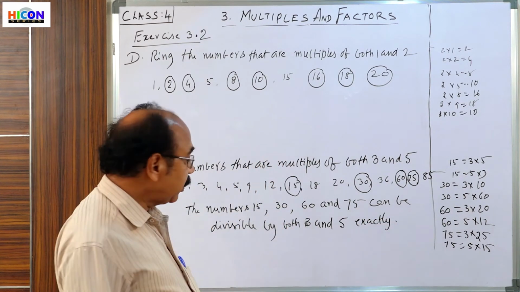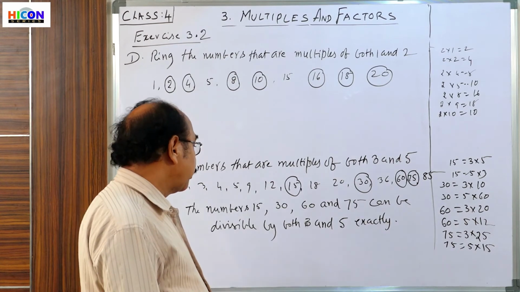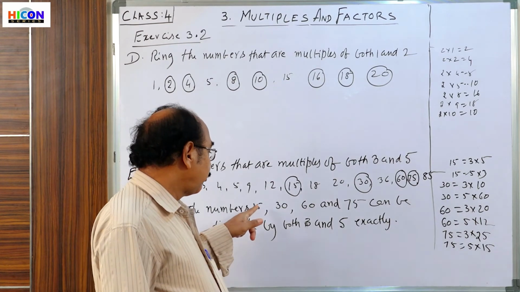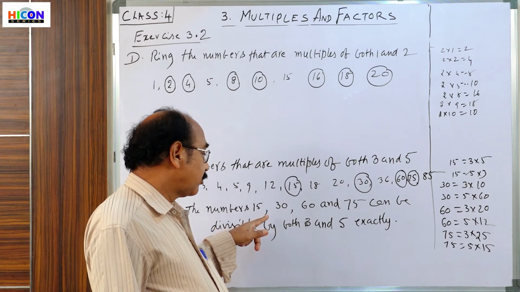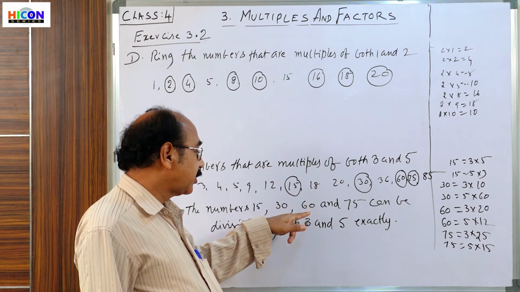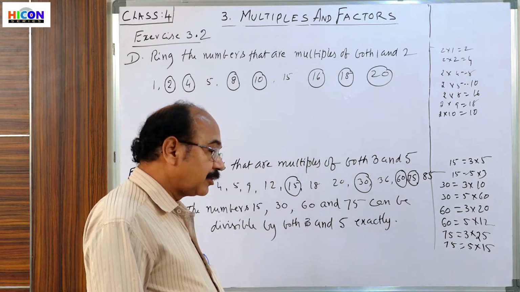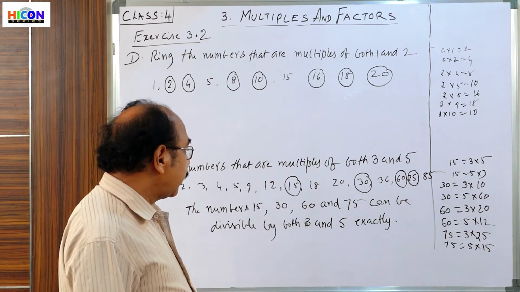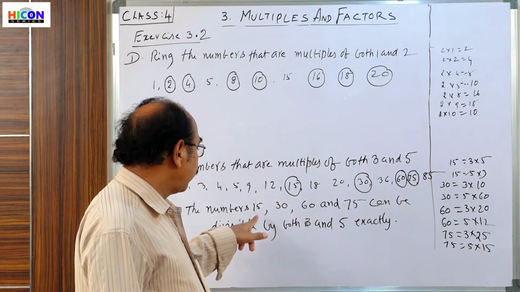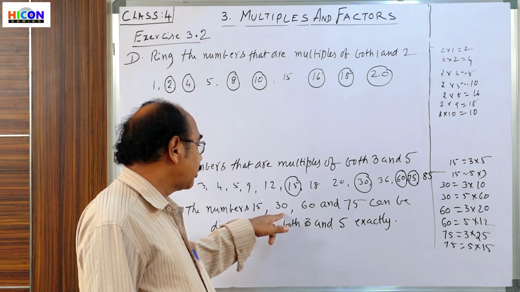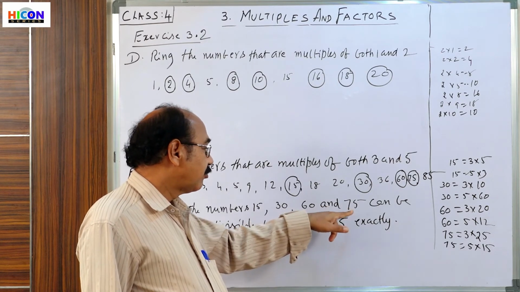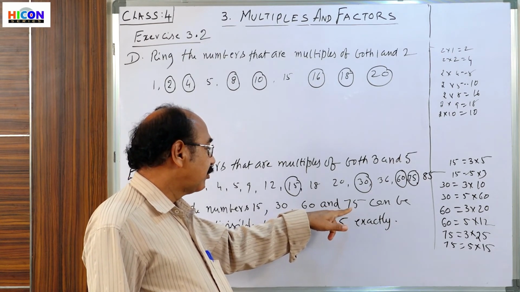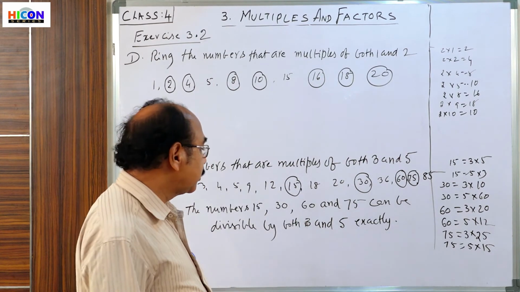In 15, 3 divides 15, 3 divides 30, 3 divides 60, 3 divides 75. Like this with 5 also. 5 divides 15, 5 sixes are 30, 5 twelves are 60, 5 fifteens are 75.